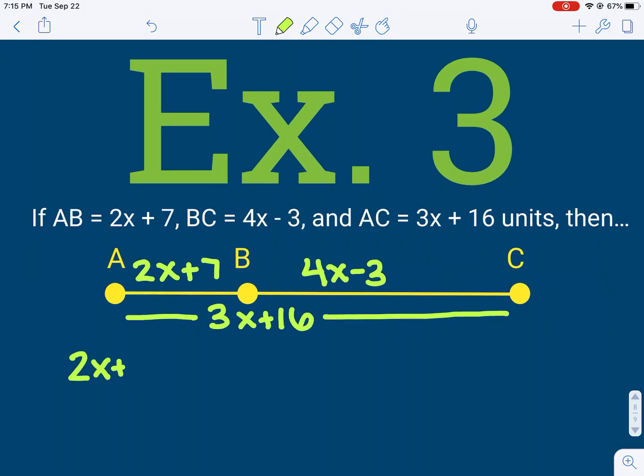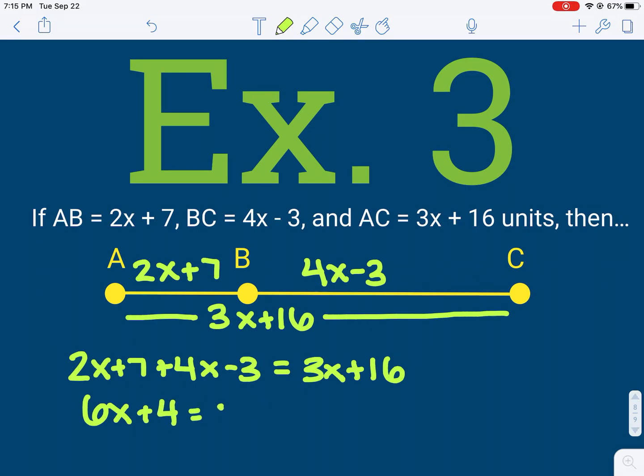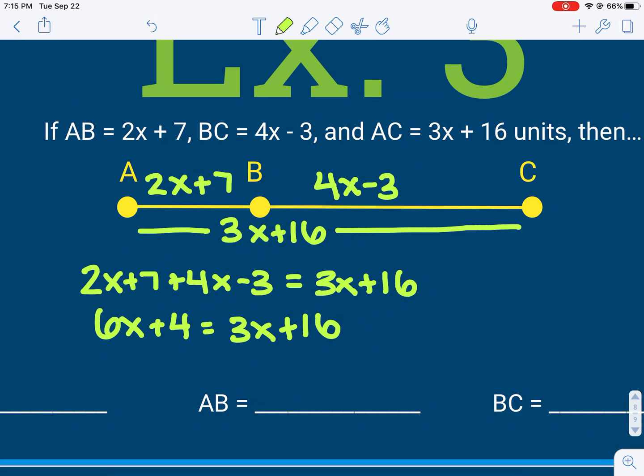I get 2x plus 7 plus 4x minus 3 must equal 3x plus 16. Combine your like terms, and you have 6x plus 4 equals 3x plus 16. I'll subtract my 3x, get 3x plus 4 equals 16. So 3x equals 12, which means x itself must equal 4.